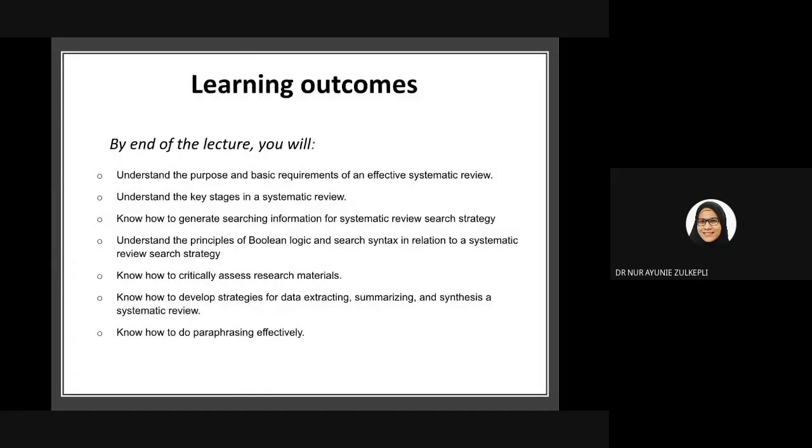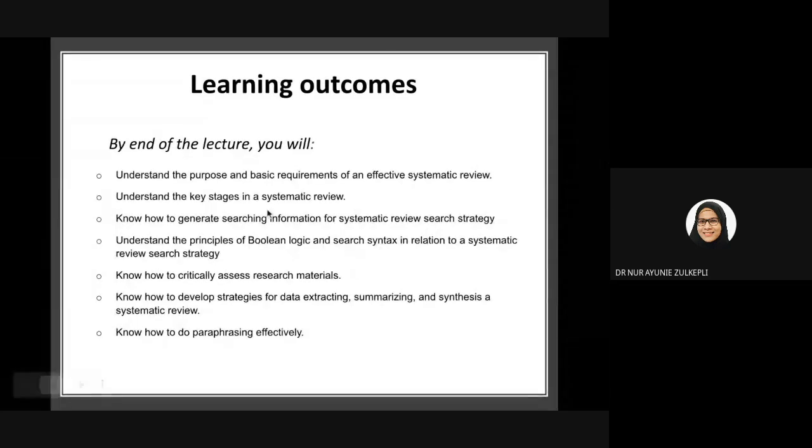Okay, so the learning outcomes, by the end of the lecture, you will understand the purpose and basic requirement of an effective systematic review, know how to generate searching information for systematic review by applying search strategy, and understand the principle of Boolean logic and also search syntax in relation to systematic review search strategy.